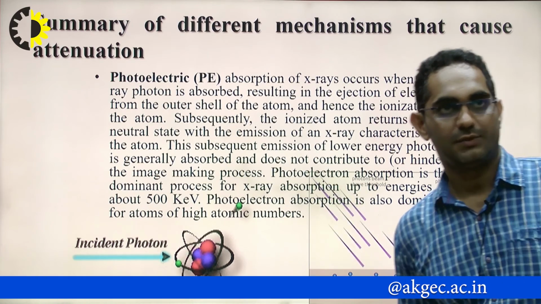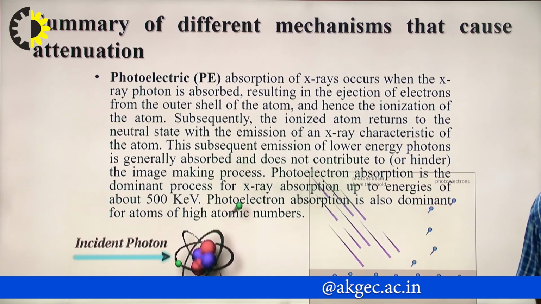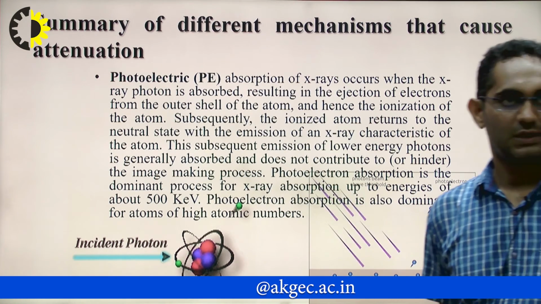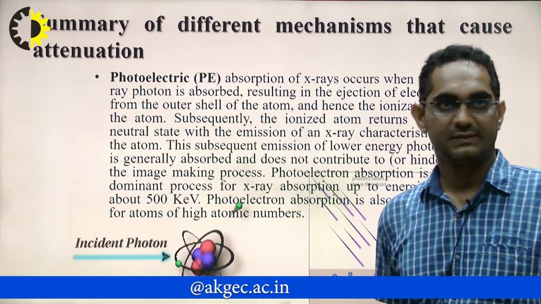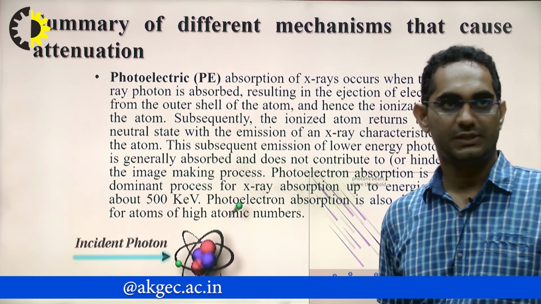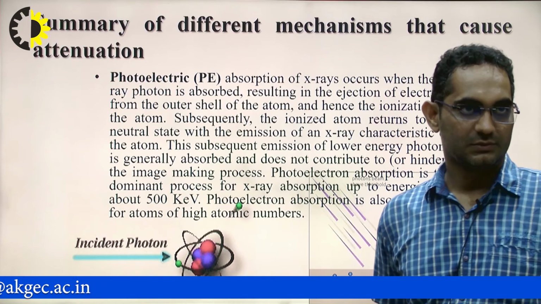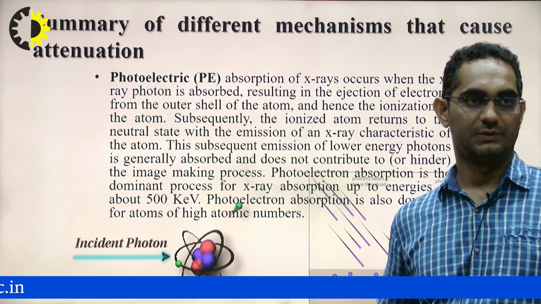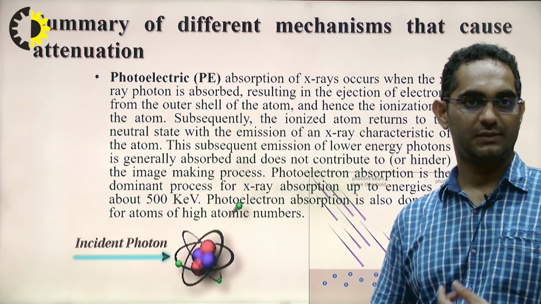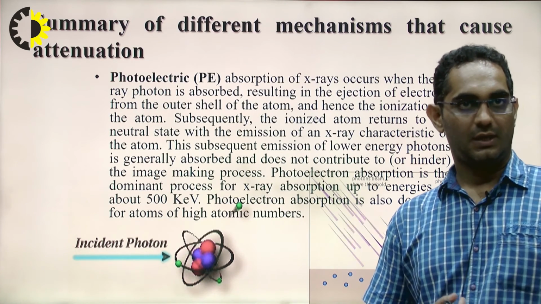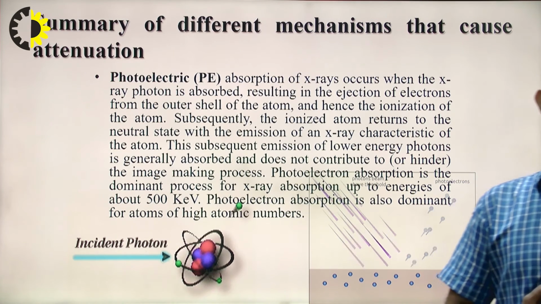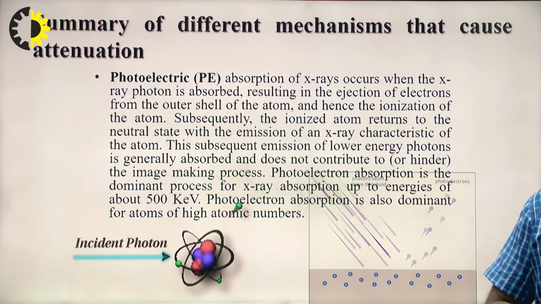Then this is the summary of the different mechanisms that cause attenuation. In photoelectric absorption, the X-ray photon is absorbed, resulting in the ejection of an electron from the outer shell of the atom, and hence the ionization of the atom.